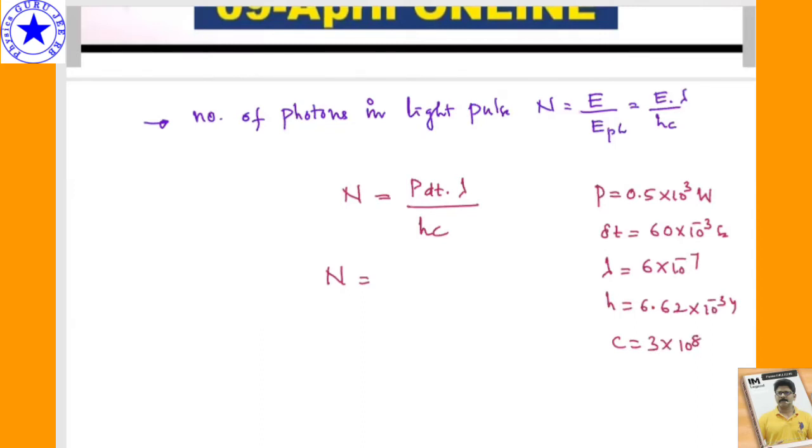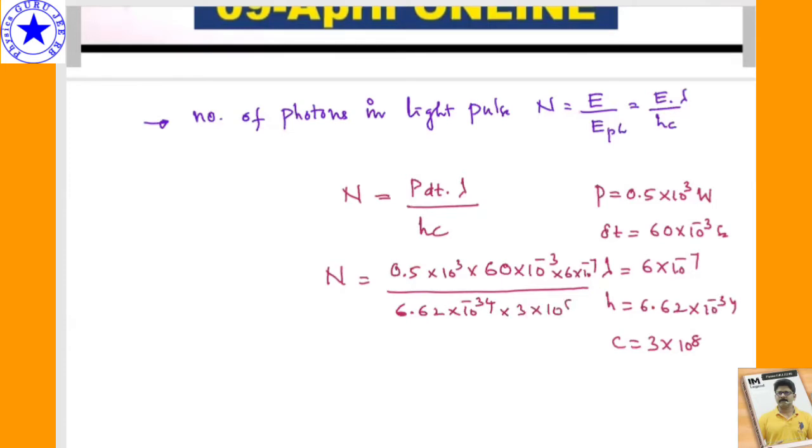Substituting all the values, n equals 0.5 into 10 to the power of 3 into 60 into 10 to the power of minus 3 into 6 into 10 to the power of minus 7, divided by 6.62 into 10 to the power of minus 34 into 3 into 10 to the power of 8.